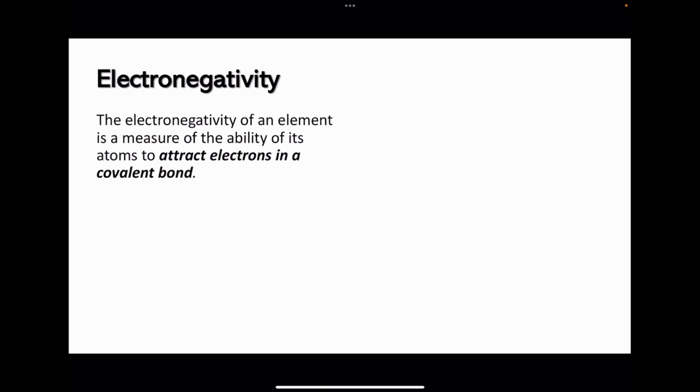So an element with a high electronegativity has strong electron pulling power, and an element with a low electronegativity has weak pulling power to itself. Electron affinity measures the energy released when forming anions, and electronegativity is almost like a qualitative measure of the pulling power an atom has on a bonding pair.